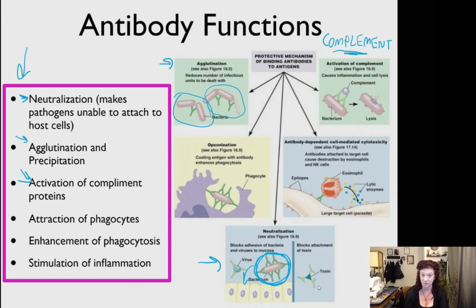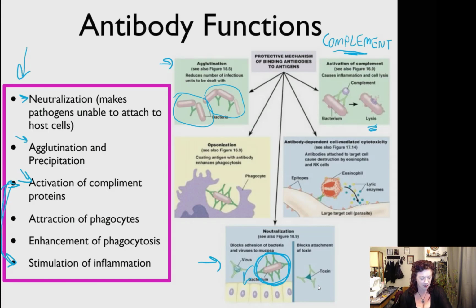Oftentimes they cause inflammation. They can also help to promote cell lysis. Cell lysis is when a hole is popped, or a hole is created in the membrane of a cell, and the cell deflates like a balloon. Okay, it essentially gets popped very slowly, leading to cell death. So, activation of complement proteins, this is linked to stimulation of inflammation on this list. All right, so these two guys go together.